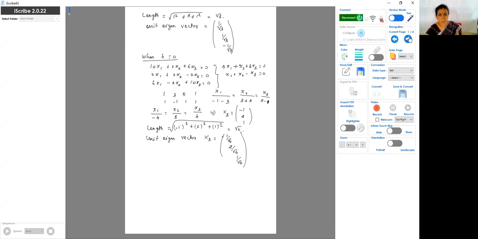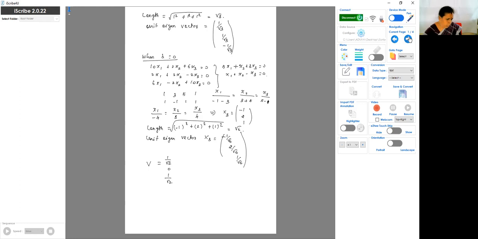So by choosing all these eigenvectors as columns, we are going to find the matrix V. So V is: the first column vector we know, which is 1 by √2, 1 by √2, 0.